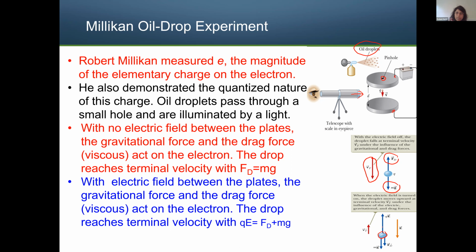Now you have the drag force and mg, but if the electric force and the drag force are equal to each other, then there is a terminal velocity, and that object will reach or stick to the top plate. So according to where it goes, you can measure the magnitude of the charge of that particle. So that is called the Millikan oil drop experiment.